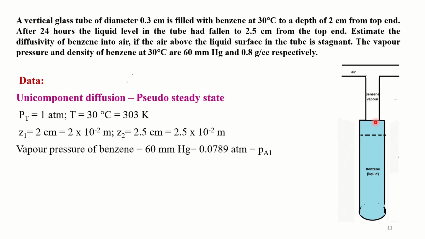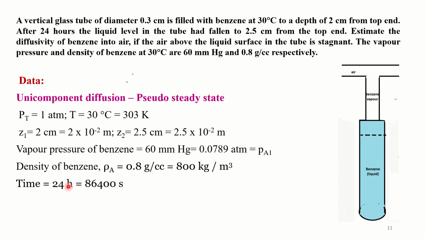After saturation only, you will be getting the vaporization; the vapors will be released from the surface. At saturation condition, vapor pressure is equal to partial pressure. So the given vapor pressure data you can take as the partial pressure of benzene vapor, PA1. Then density of benzene, 0.8 gram per cc, convert that into kg per meter cube.